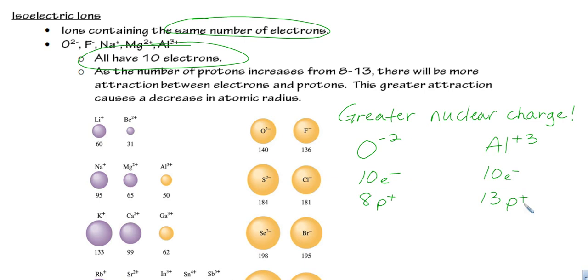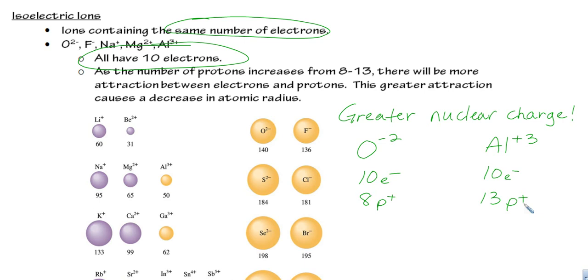Oh, interesting. A lot of people will get this wrong because, again, they'll say, whoa, you got like 13 protons? You got more stuff in this aluminum ion. There's more subatomic particles. That should make it bigger.